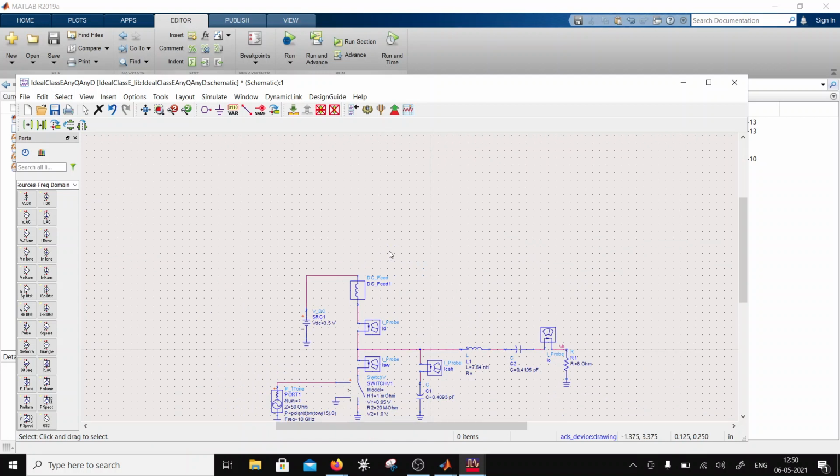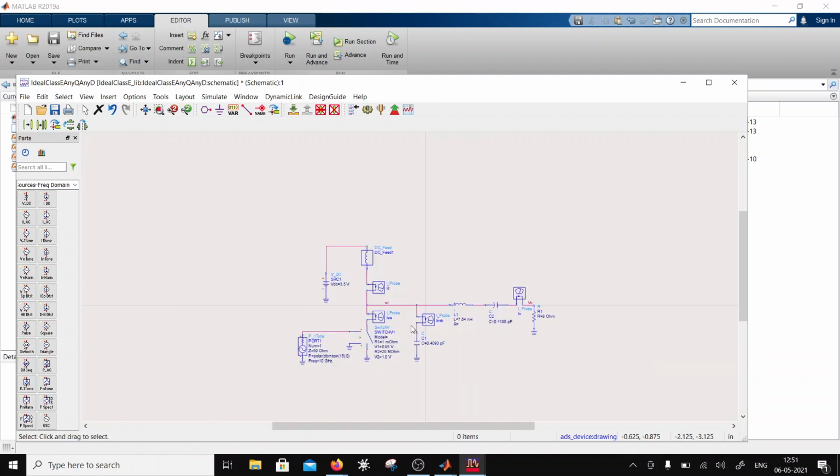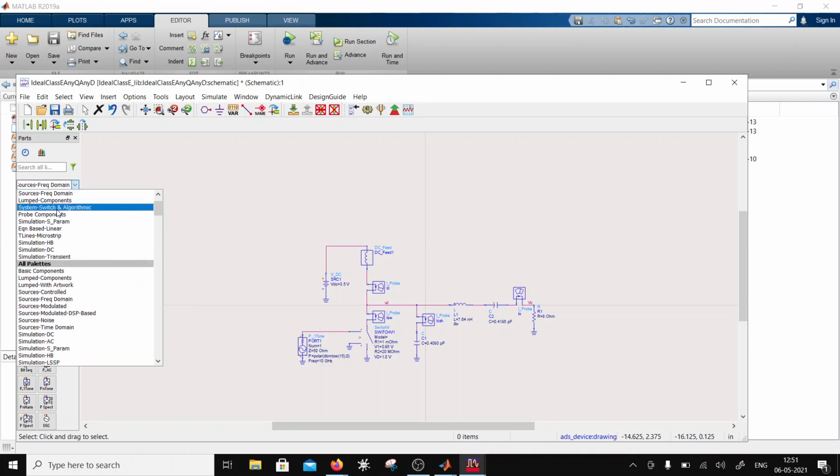So now let's name this node VD. Okay, so now we are going to plot the waveforms, right? Let's do a harmonic balance simulation on this.